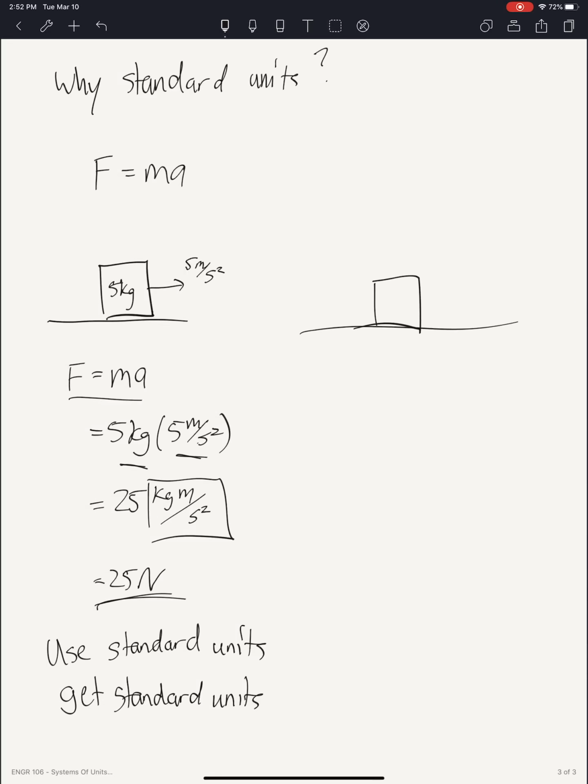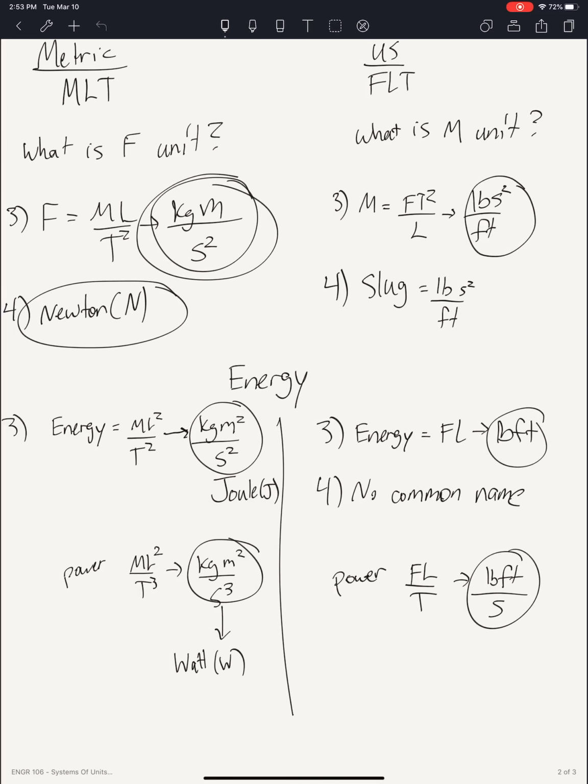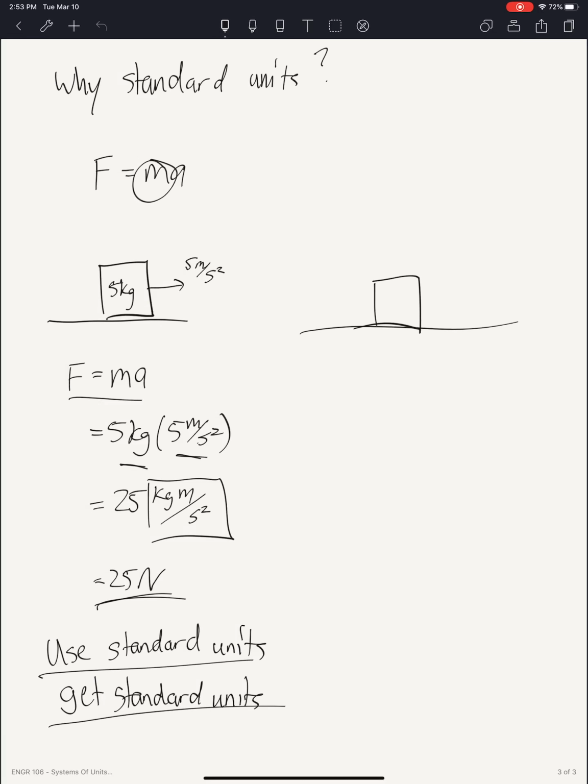If I was to tell you the mass of the block, what mass unit should I use? Well, what I said over here was use standard units, get standard units. So what mass unit should I use? The standard one. What is the standard mass unit? It's called a slug. The standard mass unit is a slug.